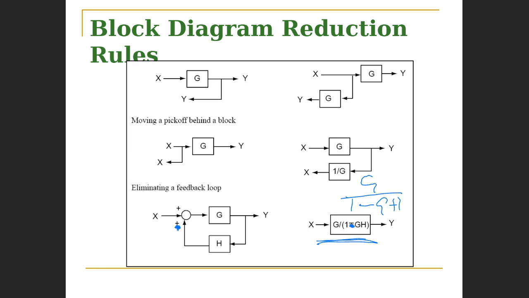If it were the opposite, plus minus, which is called negative feedback because you have a negative in the feedback loop, then what we do is cross out the upper sign, and so it becomes G over 1 plus GH.